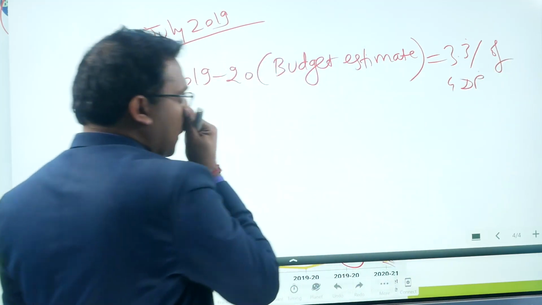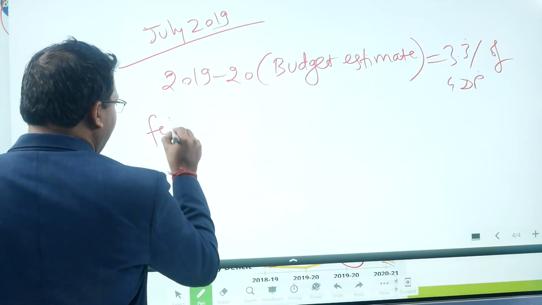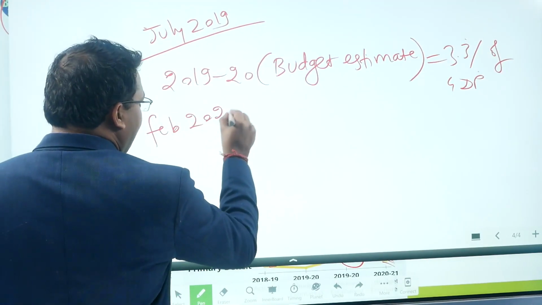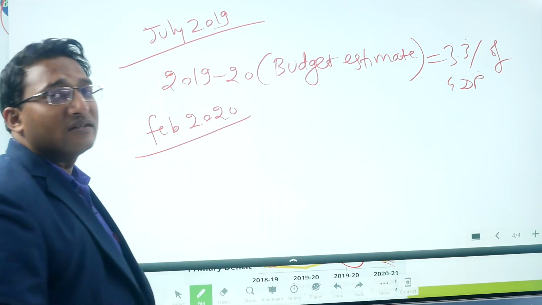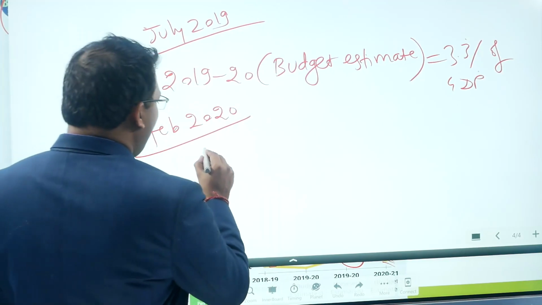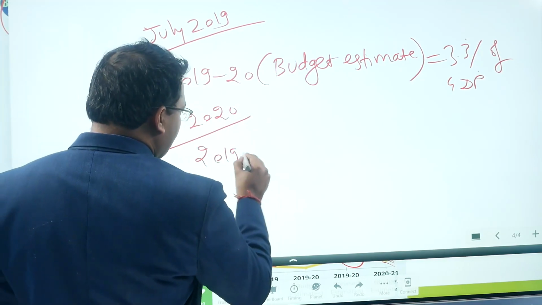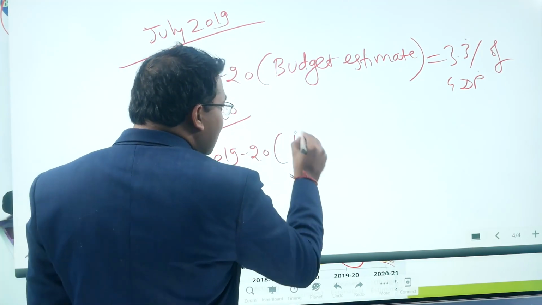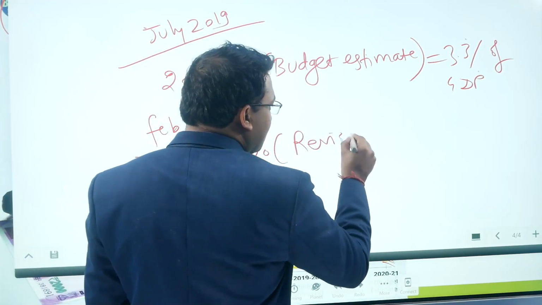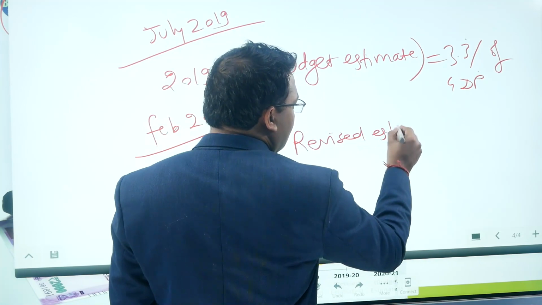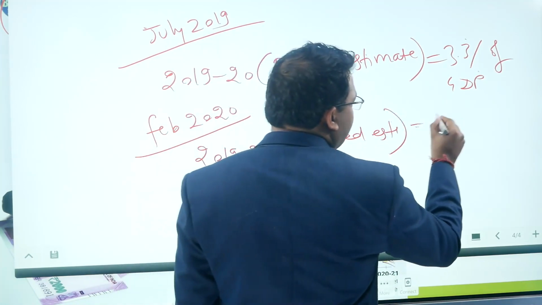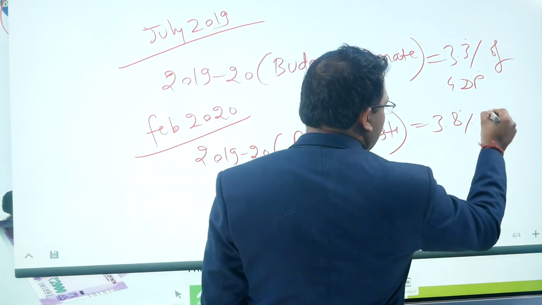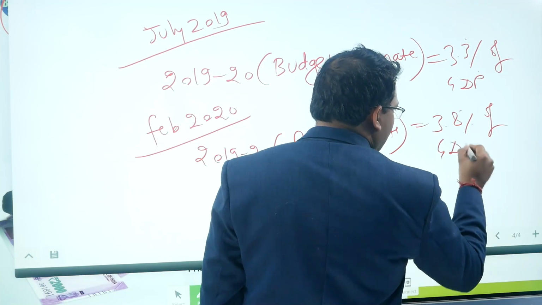This was the budget estimate. Now, when the government has come up with the budget again in February 2020 and the government knows that this target is not achievable, the government says for 19-20, the revised estimate, this is the revised estimate, this is 3.8% of GDP, right?